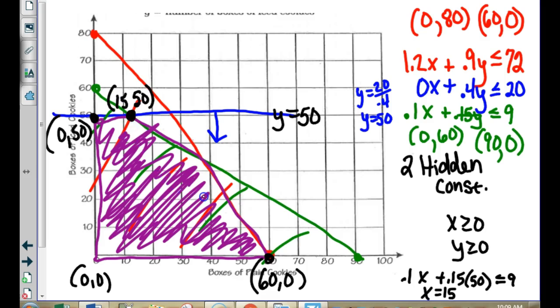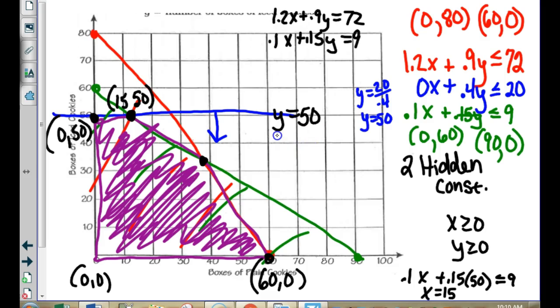All right, where's the last corner point? What two lines are intersecting right there? What color? The green line and the red line, yes? Okay, I need to know where the green and red intersect. I have 1.2x plus 0.9y equals 72, and 0.1x plus 0.15y equals 9. How about an RREF moment?